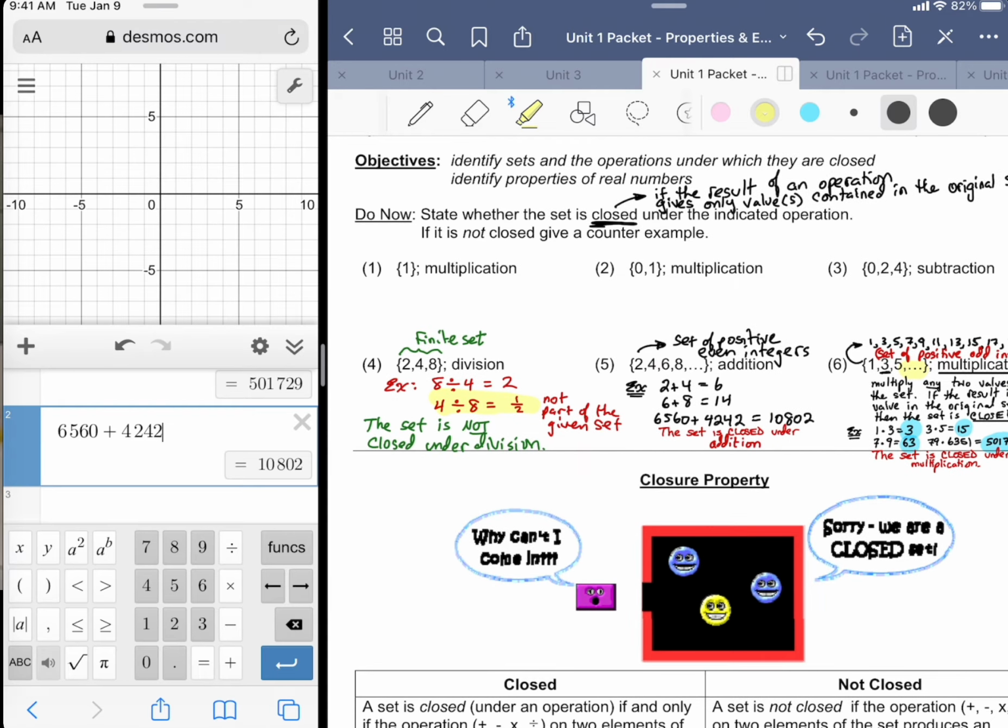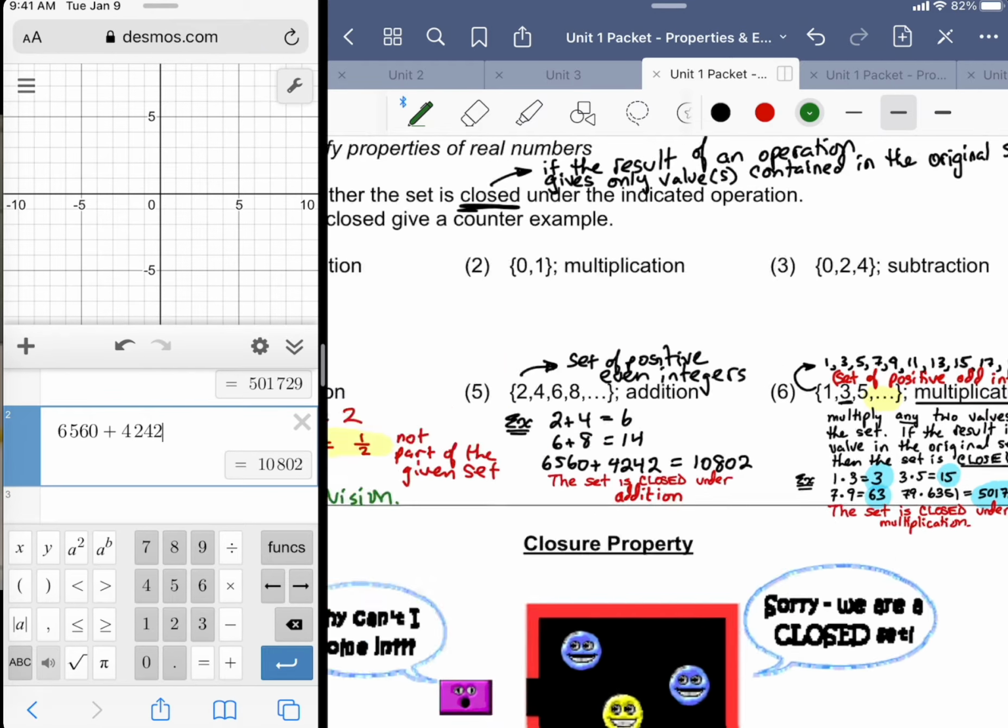So 0, 2, and 4. I just pretty much gave away the solution. I'll tell you right now, this one will not be closed under subtraction. It's a finite set: 0, 2, and 4. Can you give me a counterexample that shows that it will not be closed? 0 minus 2. Exactamundo.